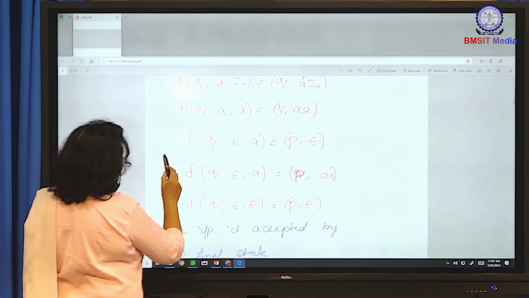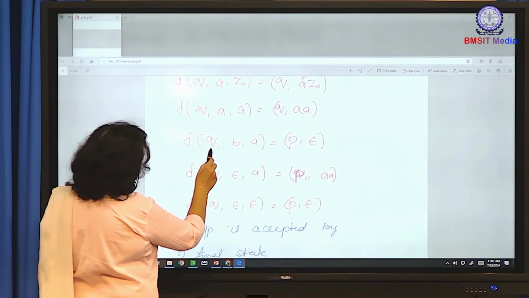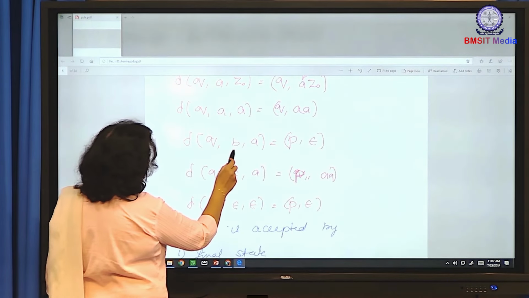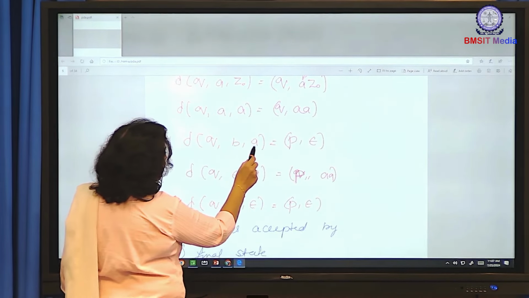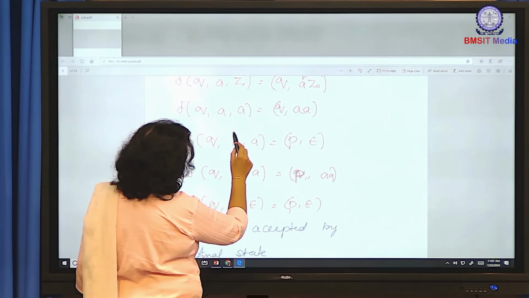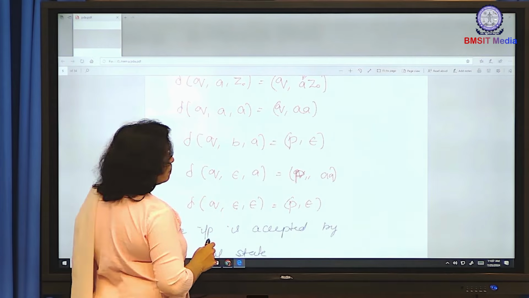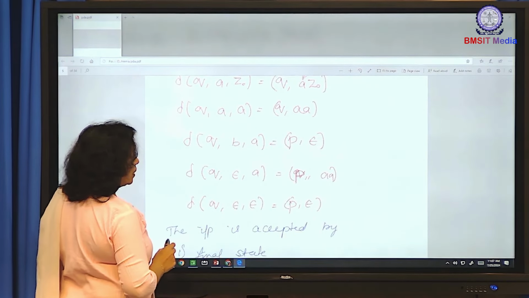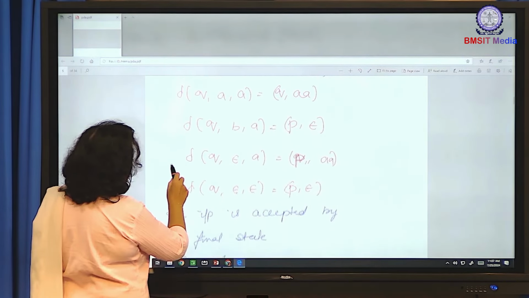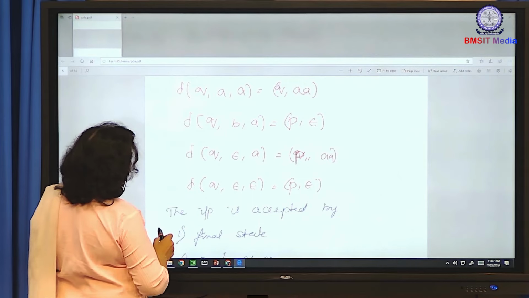Look at the next transition. When we are in state q, on reading the input b, when the top of the stack is a, change the state to p. Epsilon means pop the content of the stack. Now look at the next transition.